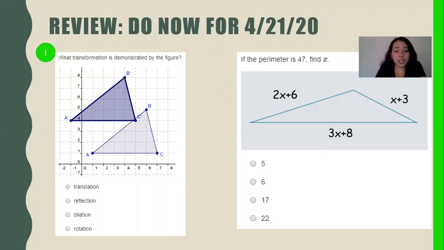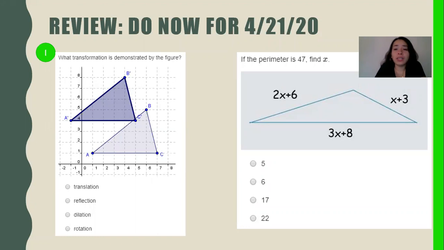So there's translation, reflection, dilation, and rotation. So based on the figures that we have in number 1, what do you think the transformation is? So let's look at question number 2.